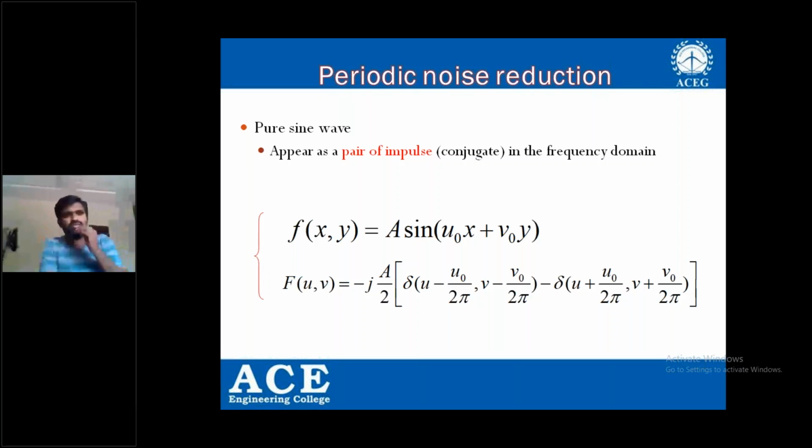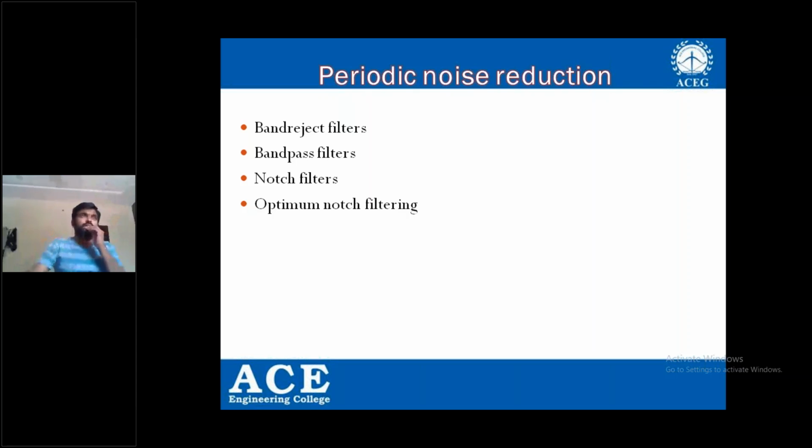So if I take the Fourier transform of an image with sinusoidal or periodic noise, you can find two impulses in its Fourier transform, right? By finding the Fourier transform of the image itself, you can find this periodic noise.